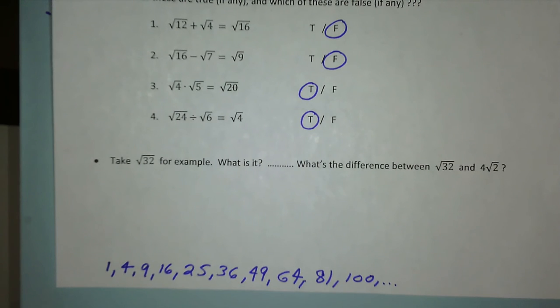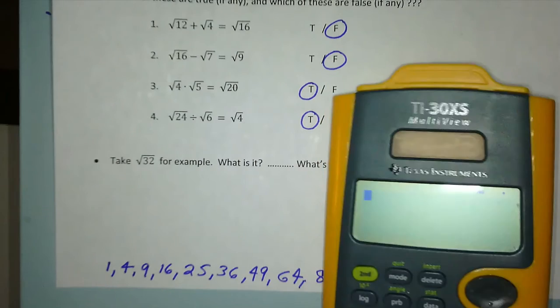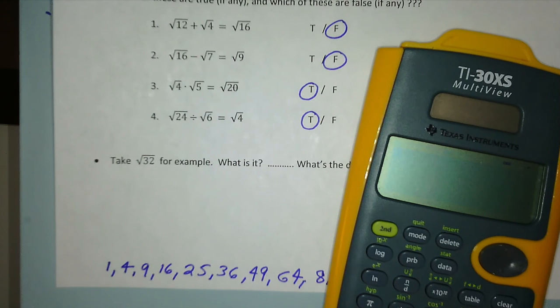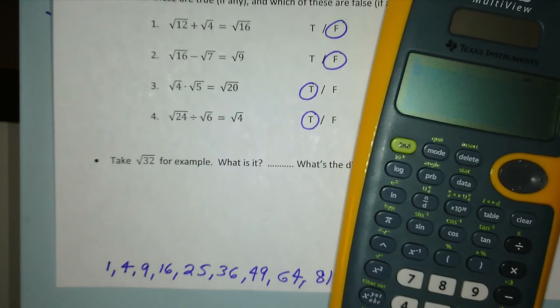If you went on your calculator, some of this is all about whether you know how to use a calculator. Do you know what buttons to push to do square roots? On a calculator like this, I see the square root written above this button.